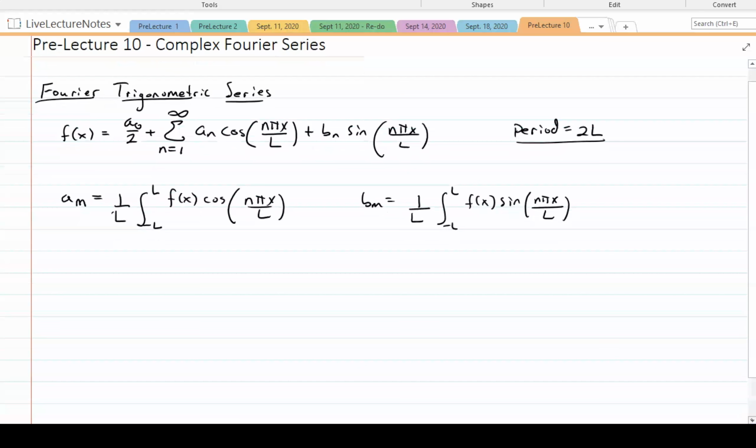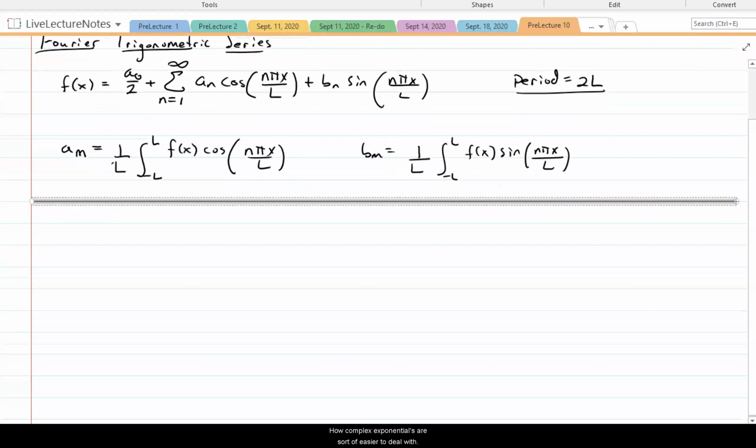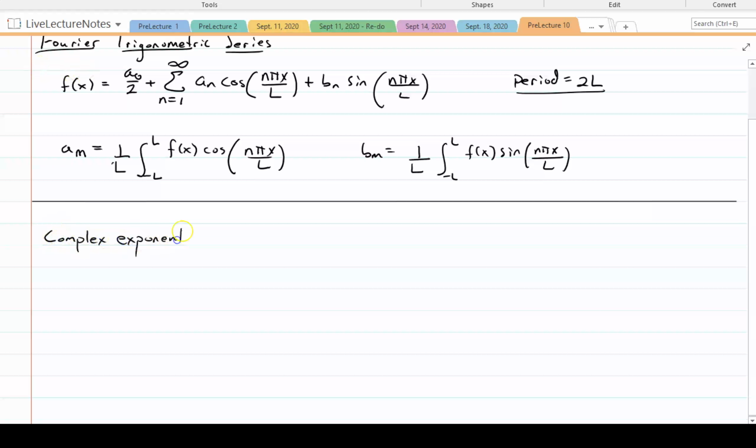Now, you remember from last semester we spent a lot of time talking about how complex exponentials are easier to deal with than trig functions. And generally, why is that? The reason is usually because of derivatives.